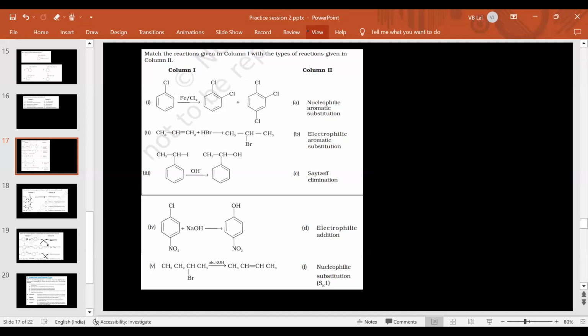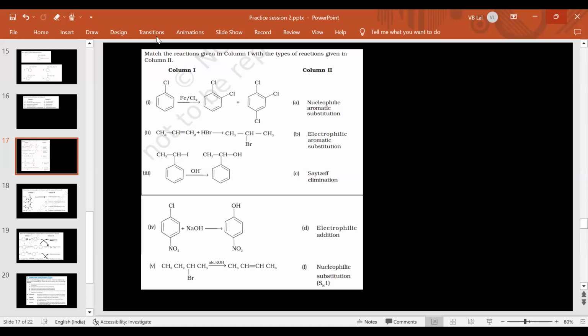Can you understand or shall I explain? See, the first one, chlorobenzene, and Cl is coming in the ortho and para position, right? What type of reaction is it? You have to tell me what type of reaction it is.